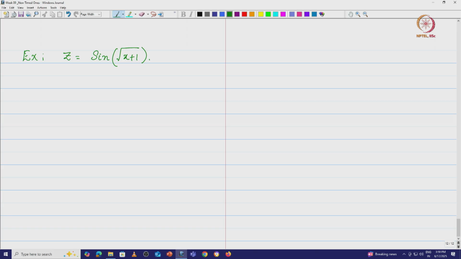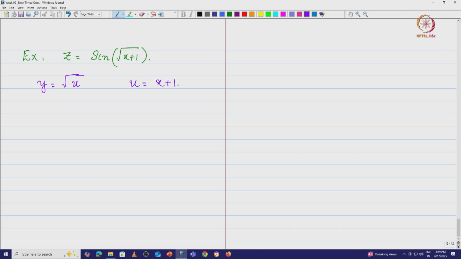So, what I am going to do is take y to be equal to square root of x plus 1, or let me put it in a better way. I will take y is equal to square root of u, and I will take u to be equal to x plus 1.